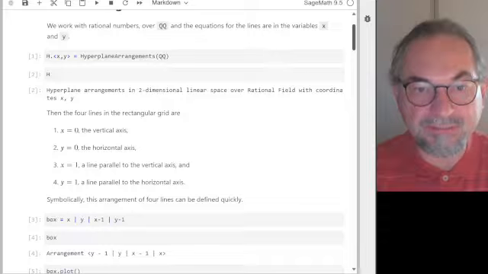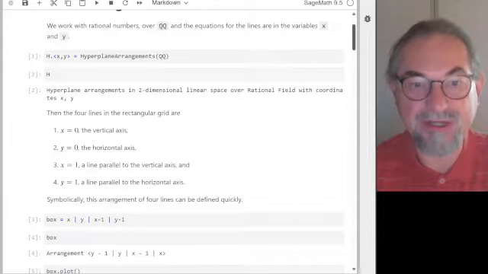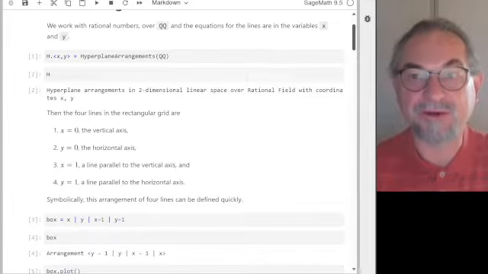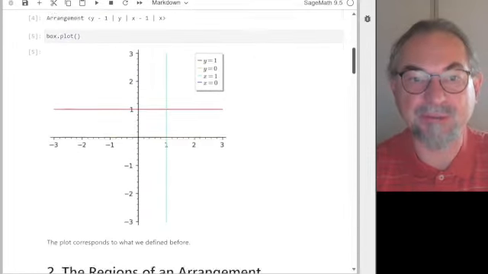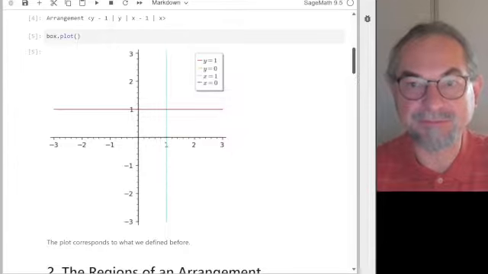The virtue of working symbolically with these letters x and y is that the equations x equals 0, y equals 0, x equals 1, y equals 1 can be defined very quickly, and here you see the plot. So 3 statements really, and we see a line arrangement.